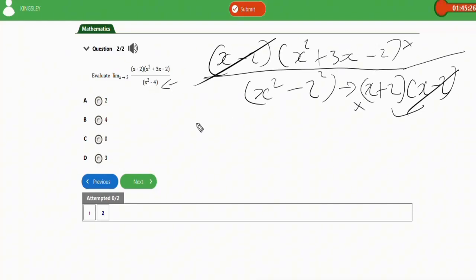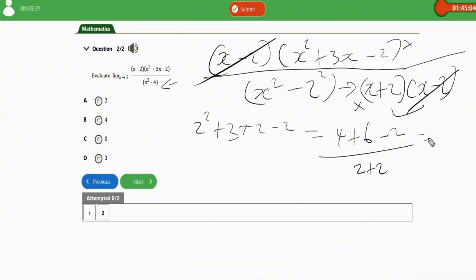When you substitute, you're going to have 2 squared plus 3 times 2 minus 2, which is 4 plus 6 minus 2, over 2 plus 2. This gives us 8 over 4. So our output will be 2. 2 will be the answer to this question. It's as simple as this.